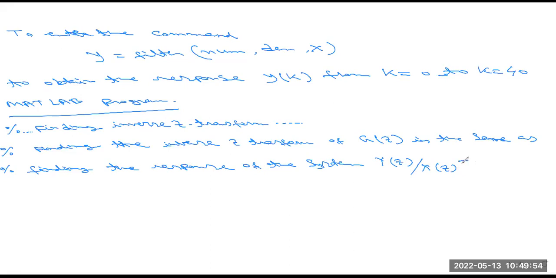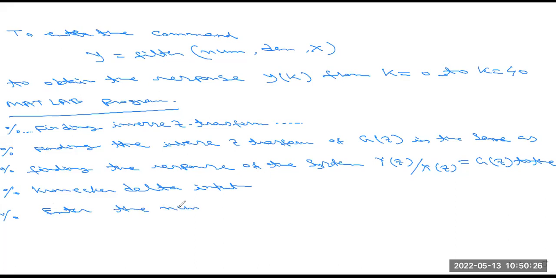We have written the transfer function, that is Gz, output of the system to the input of the system, and another one that is the Kronecker delta input. Okay. Next line, percentage. Enter the numerator and denominator.